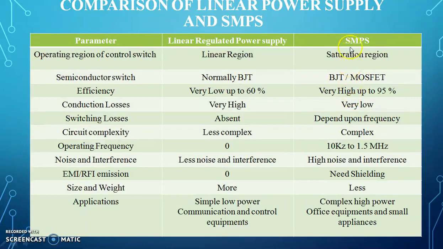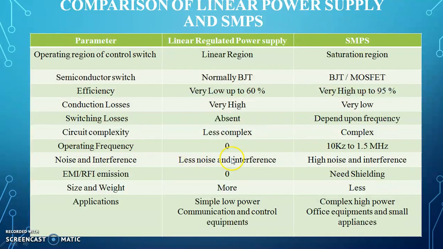So the efficiency is good for SMPS. The conduction losses are high for LRPS and they are low for SMPS. The circuit is less complex for LRPS, whereas it is much more complex for SMPS. Operating frequency for LRPS is 0. For SMPS it is 10 kHz to 1.5 MHz.